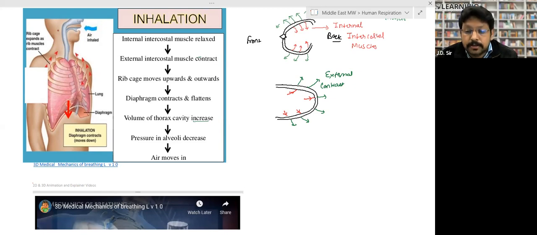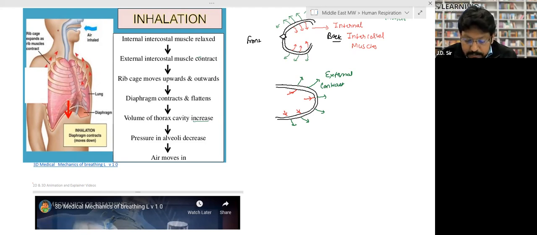Due to contraction of external muscles, ribs are pulled upward and outward.